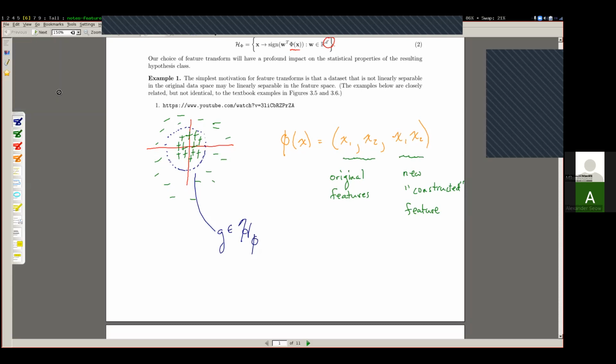So again, this h phi is defined up here. It's the perceptron classifier, but we've done this to the data. Sometimes you'll hear people say that we've augmented the data with this new feature, which is the product of the original features. Why this is the case is not at all obvious, but there's this really classic visualization that we're going to go to here, which will hopefully help explain why this circle is now inside of h sub phi.